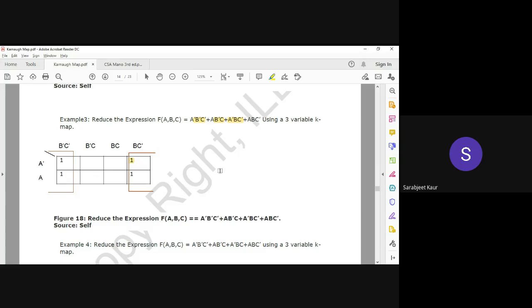And then this was 5. So I have 0, 1, 2, 3, 4, 5. And then what is the last number? This is 110, which is 6, right? So what will we get? A will cancel out and B will also cancel out. Yes or no?